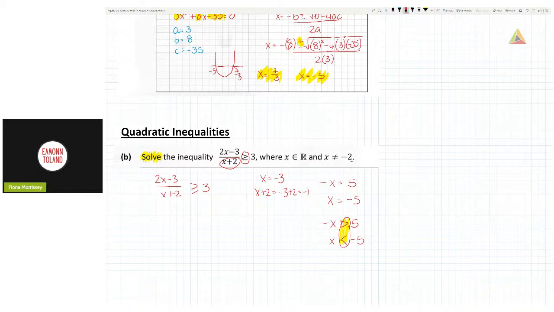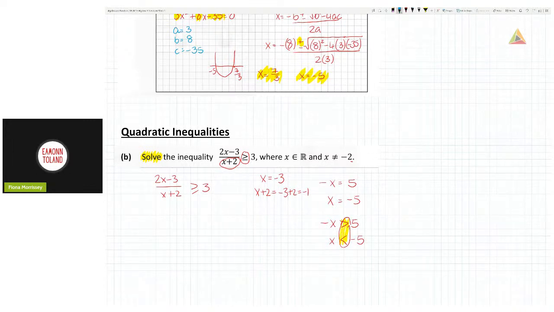And that would require me to change the inequality sign. So to avoid the chance that x plus 2 is negative, which it might be, what we do is we multiply across by something that we know is definitely positive. And we know that when we square anything, it's definitely positive.